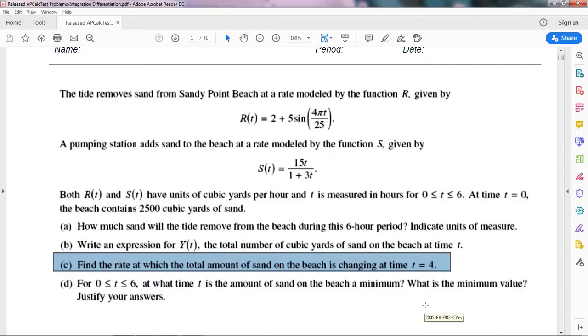So I'm going to write the expression I wrote before. Y of t is the total volume, so it's 2500 plus the integral from 0 to t of S of u du, minus the integral from 0 to t of R of u du.